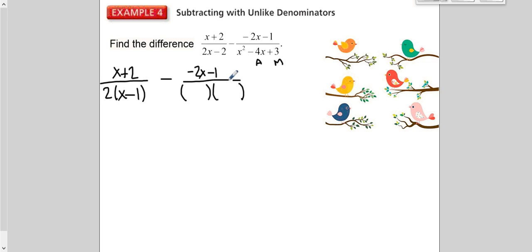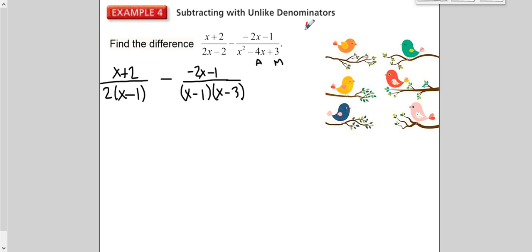Find two numbers that multiply to be 3 but add to be -4. Okay, double check. -3 times -1 multiply to be 3 and add to be -4. Okay, so we factored our denominators.